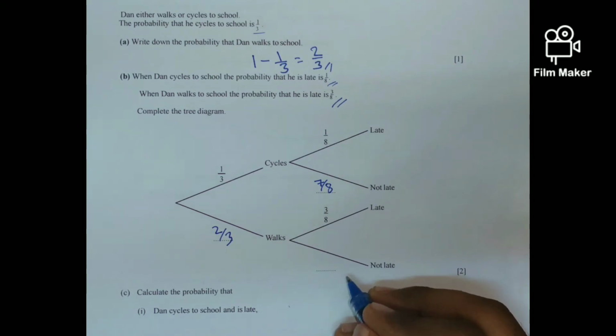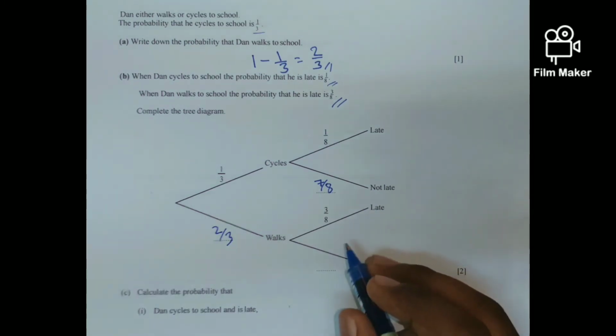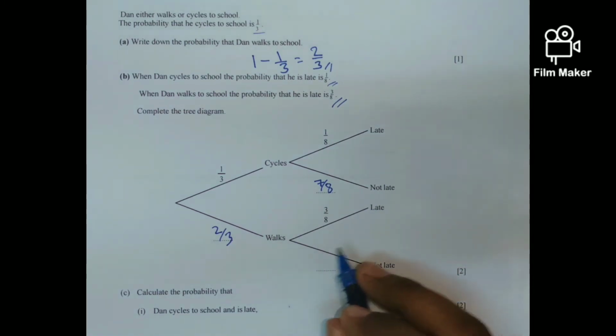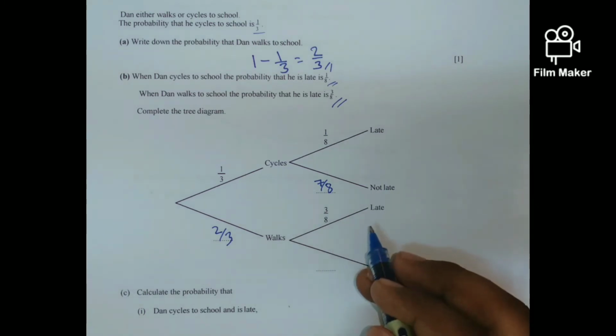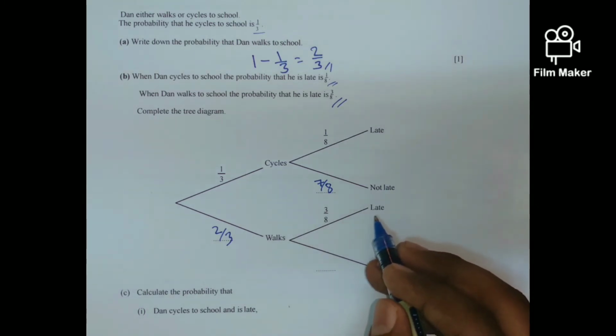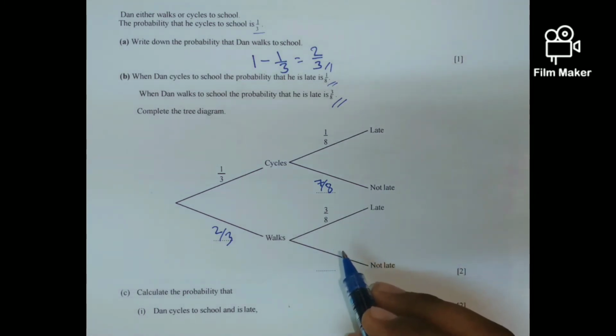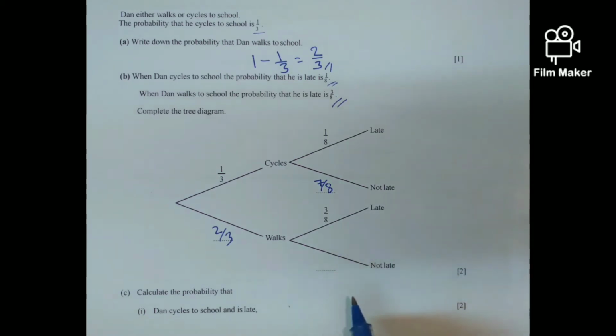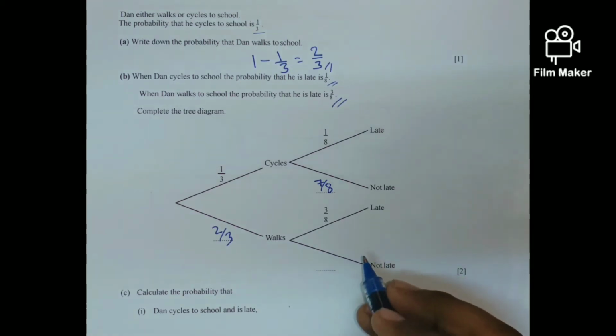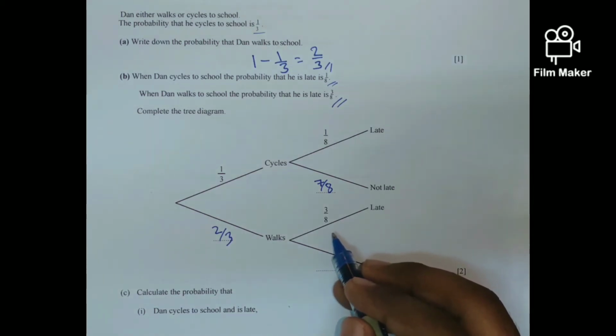The last part of this diagram is when he walks to school, the probability of getting late is 3 upon 8. So when he walks and does not get late, we can calculate its probability by subtracting 1 minus 3 by 8.